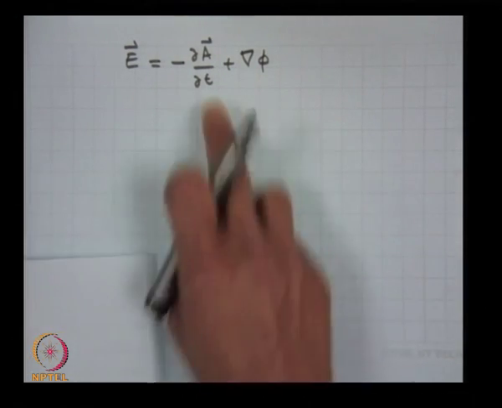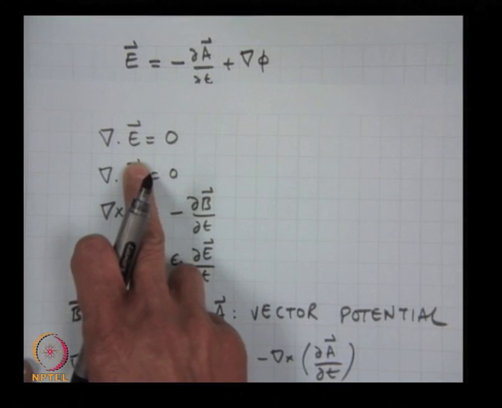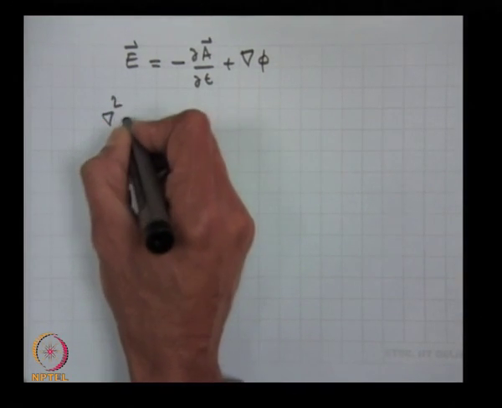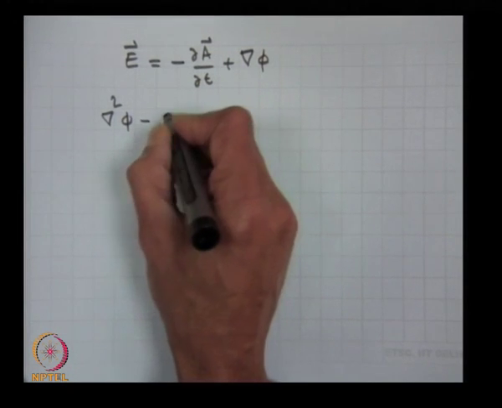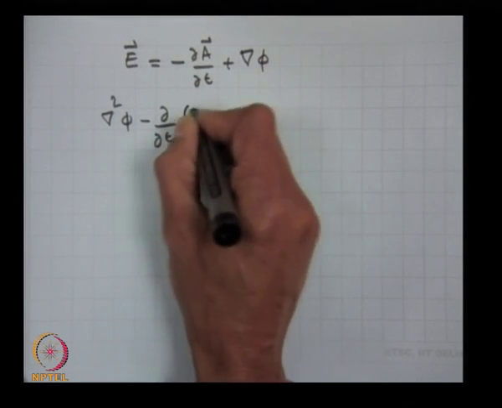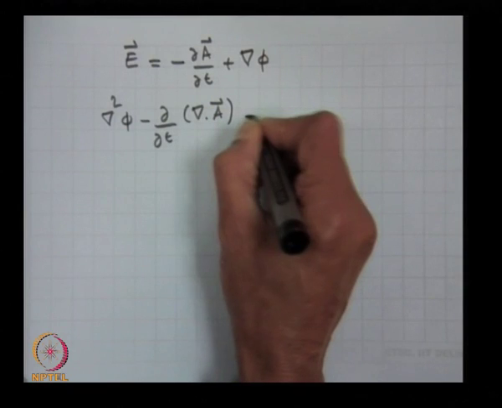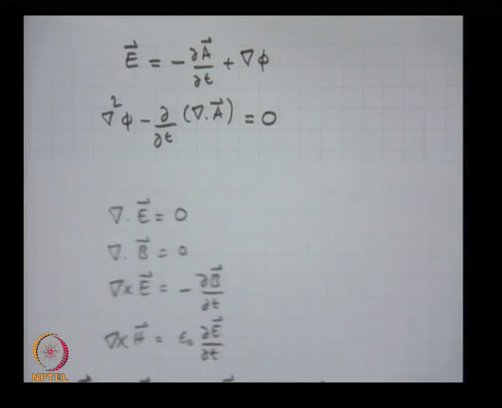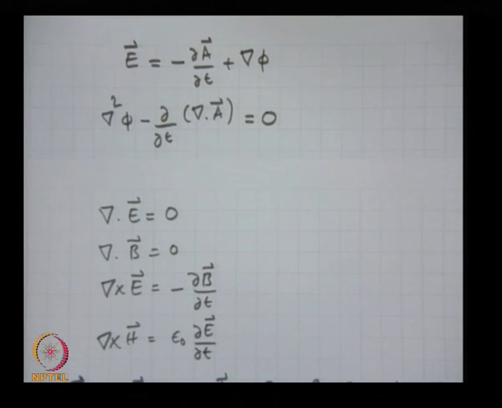I can substitute this into the first equation and I will get del square phi minus del by del t of divergence A is equal to 0.